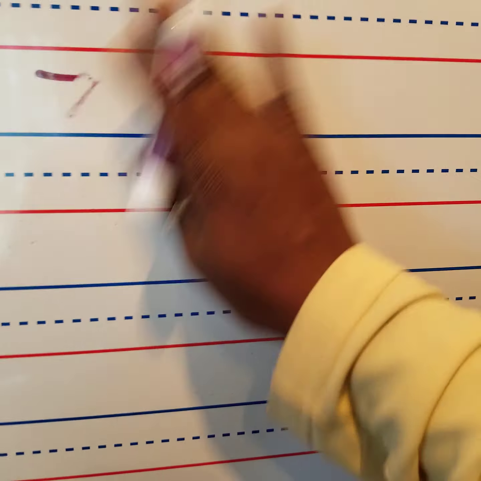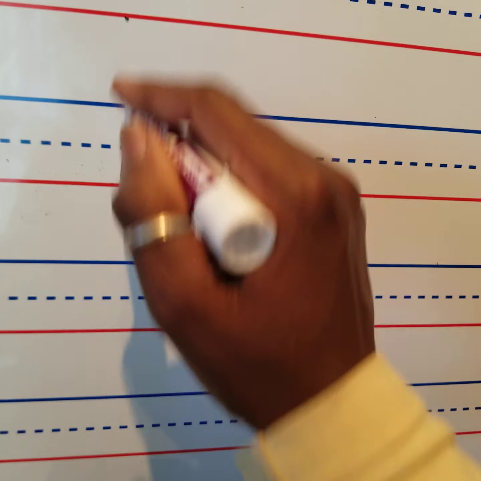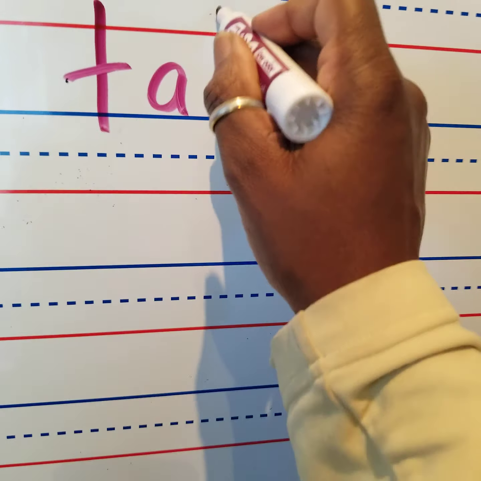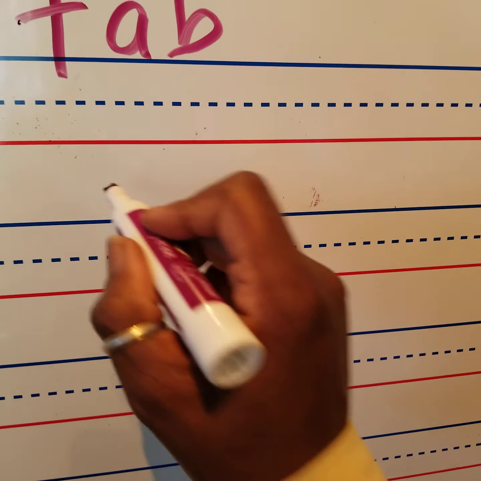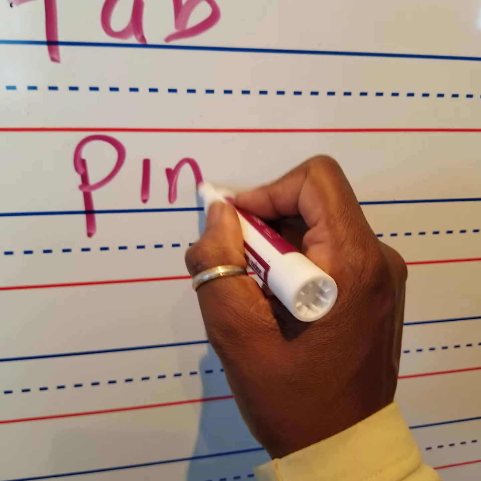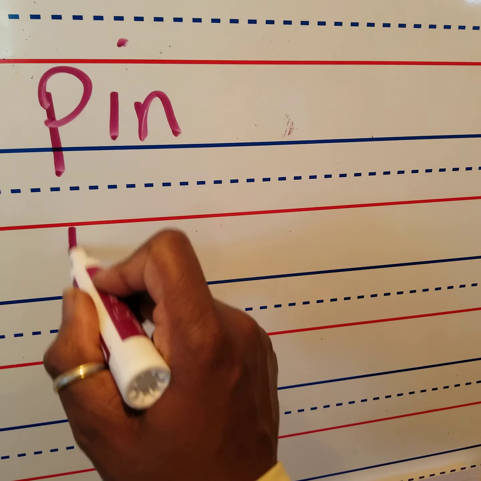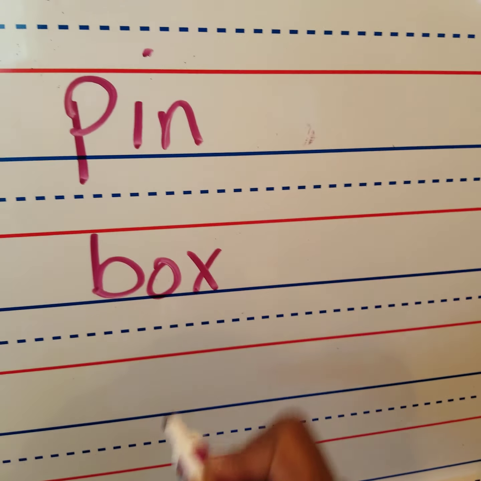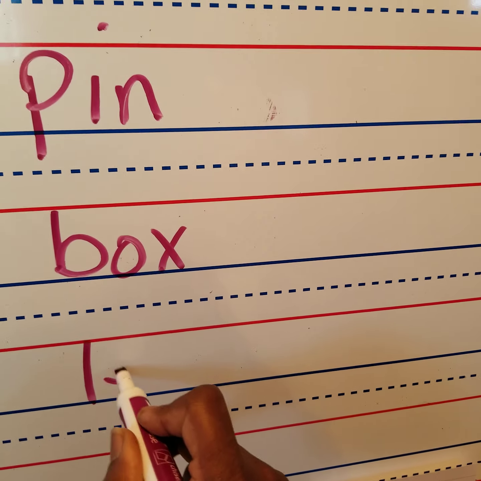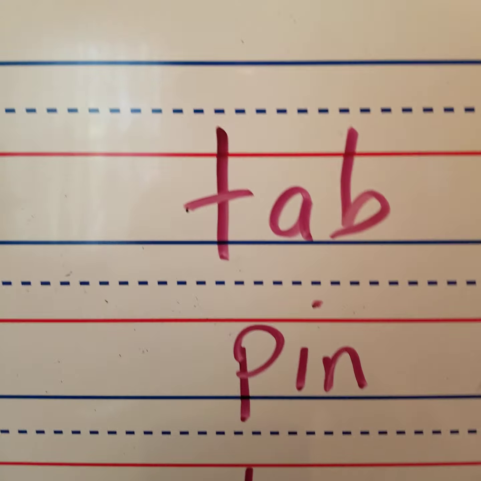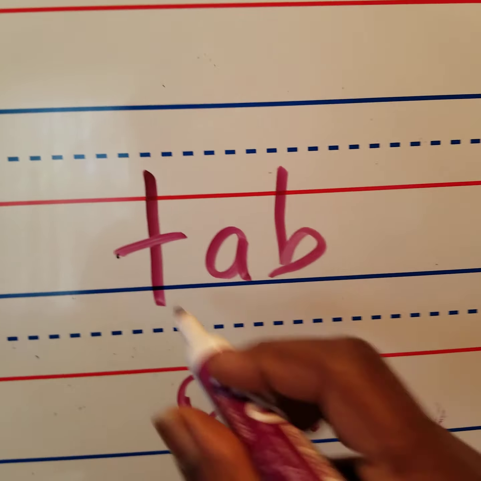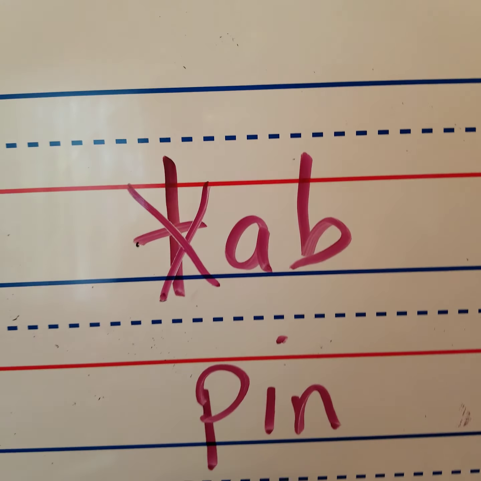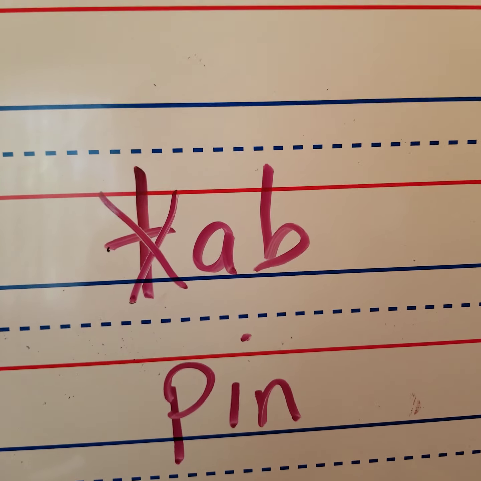All right, boys and girls. Now we're going to take a look at what words are if we take off the beginning sound. So our first word, tab. If I take the T off the tab, I have ab.